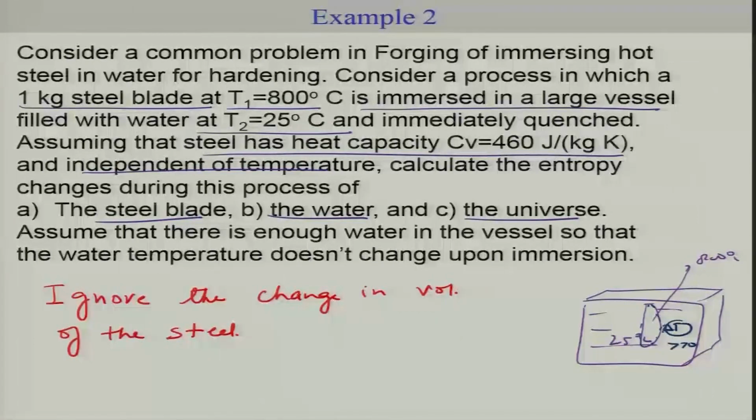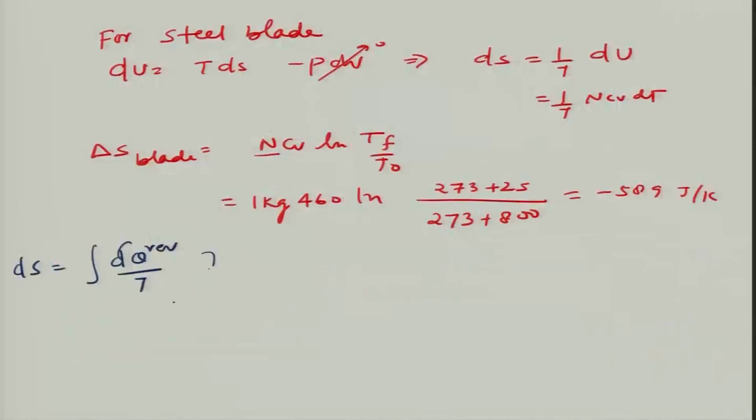We know the amount of heat transferred from the steel to water, because we know the change in delta U of the blade, and since there is no work associated with it, delta Q is nothing but delta U. So Q is minus delta U of the blade. This we know, and we can plug in this value to get 356 kilojoules. This is the amount of heat transferred from the blade to the water.